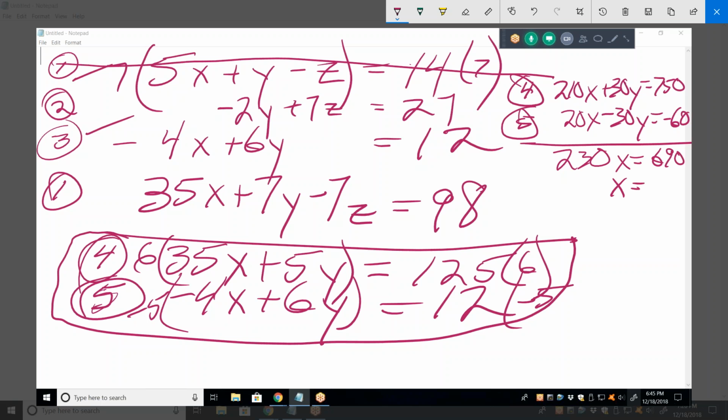It's a nice round number. It's 3. Okay. Now, so we've solved one variable.